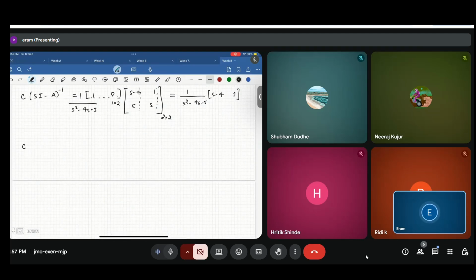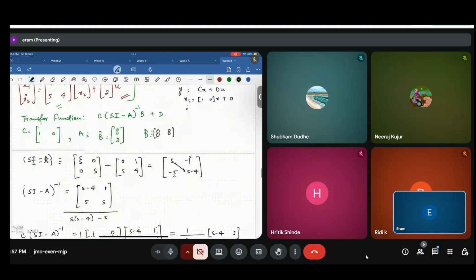Now we have to multiply all this with B. So s square minus 4s minus 5, s minus 4, 1, and your B was 0 2.